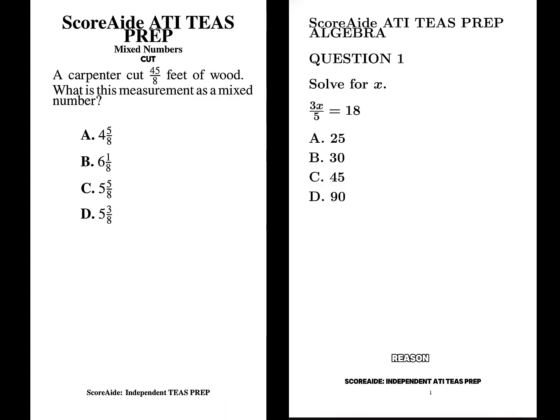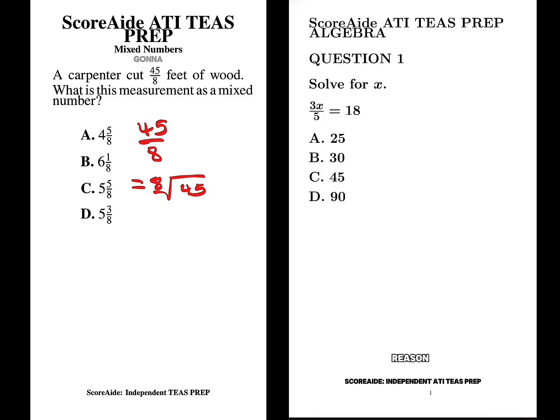A carpenter cut 45/8 feet of wood. What is this measurement as a mixed number? So we have 45/8. The closest whole number to 45 that can divide 8 without a remainder is 40.